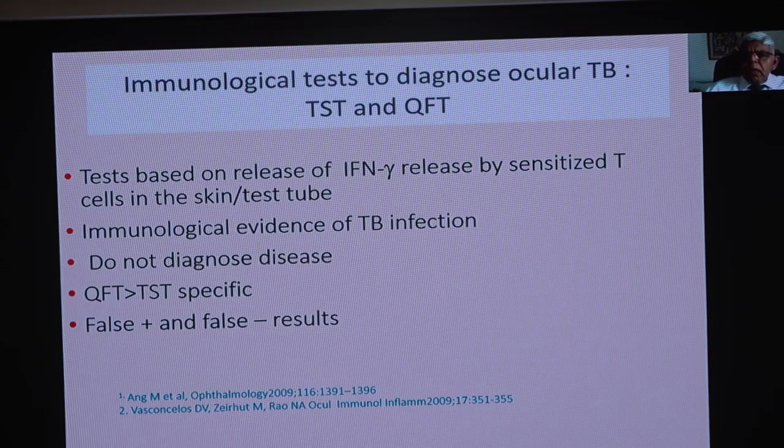Like the tuberculin, the gold tuberculin that we use, or PPD, purified protein derivative from the TB, it cross-reacts with these other mycobacteria. So you have patients who may show false positive or false negative results. So these are really not very conclusive of the presence of tubercular uveitis.